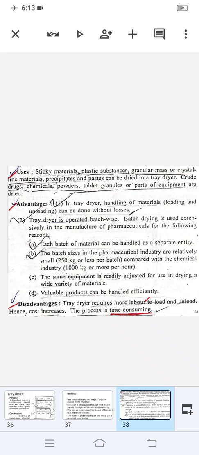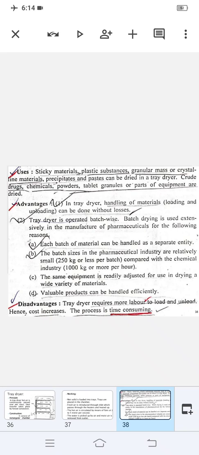Second one is the batch sizes in the pharmaceutical industry are relatively very small, as compared with the chemical industry. Then the same equipment is readily adjusted for use in drying a wide variety of materials. And last one is valuable products can be handled efficiently.